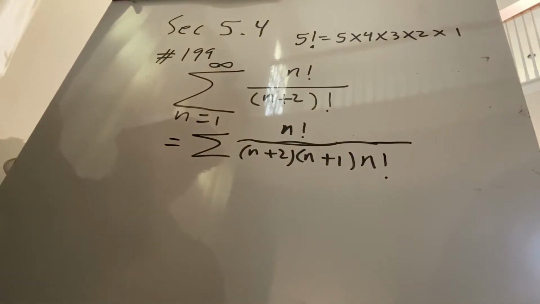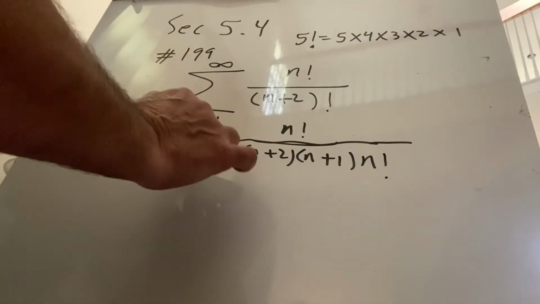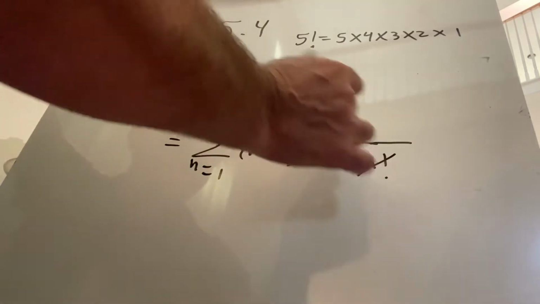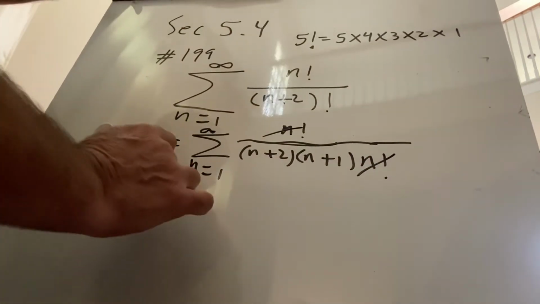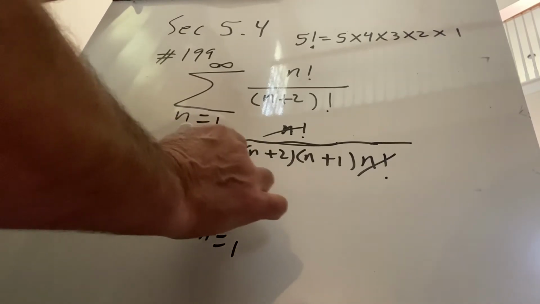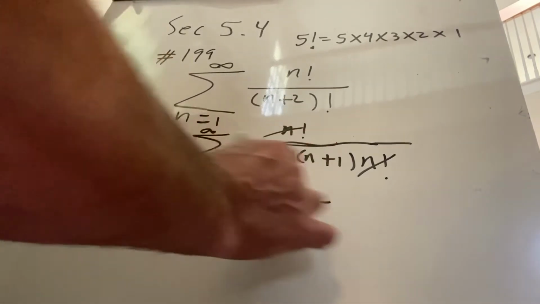That's the main observation you need to make, because once you make it, everything should fall in place. So now you cancel the n factorials, and at the end of the day what you have is a series of just 1 over.